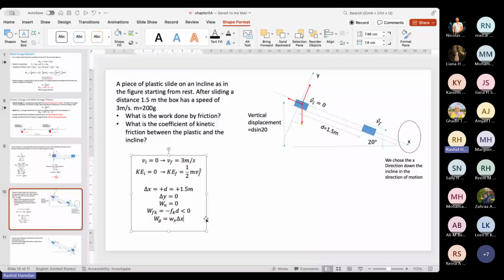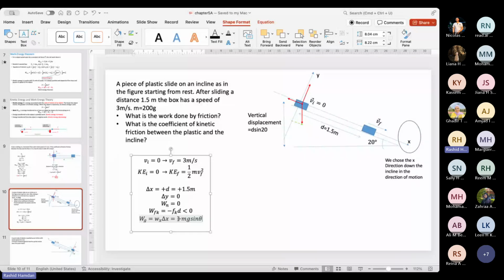It's down the incline, and it is opposite to the angle. And remember, we said that the angle that the weight makes with the y-axis is the same as the angle that the incline makes with the horizontal. So this is equal to plus mg sine theta multiplied by the displacement d.